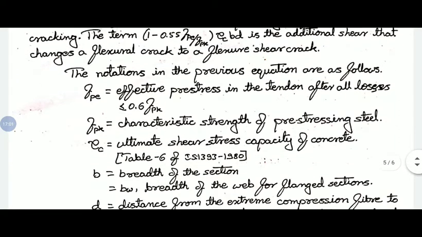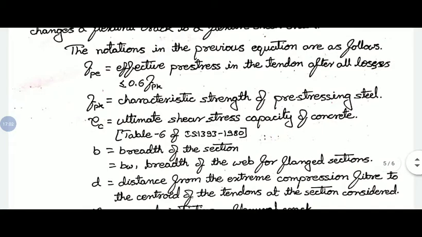So the notations in the previous equations are as follows, what we have considered in the previous one. fpe, effective pre-stress in tendon after losses, what I said, it will be less than or equal to 0.6 fpk. fpk, characteristic strength of pre-stressing steel.